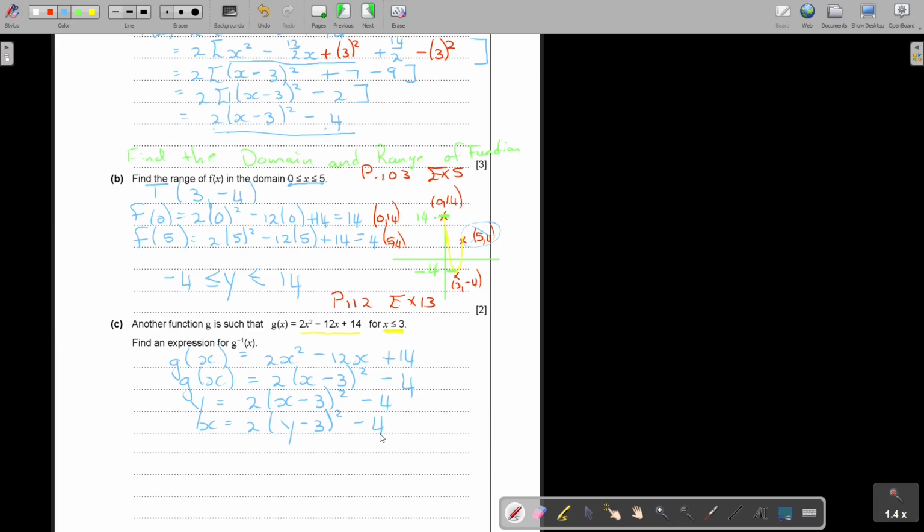Now I can make y the subject of the formula. So it's going to be x plus 4 equals 2 times (y minus 3) squared. And then I divide by 2 on both sides.